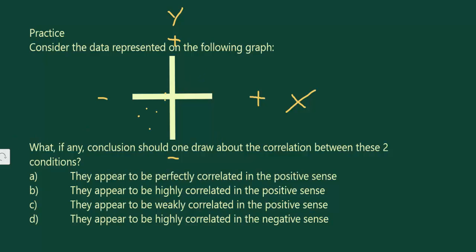And for it to be perfectly correlated, imagine that is supposed to be a perfect line that goes right through there and doesn't have any of these waves because I can't draw a perfect line.